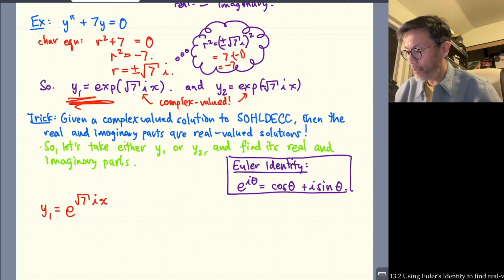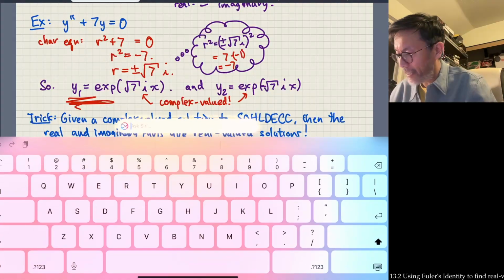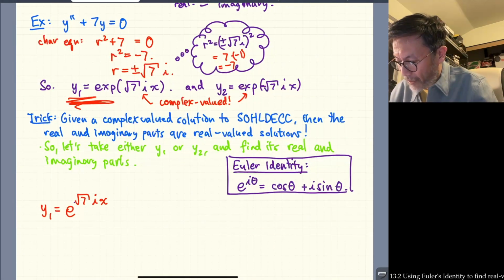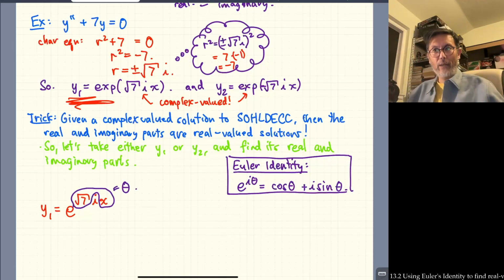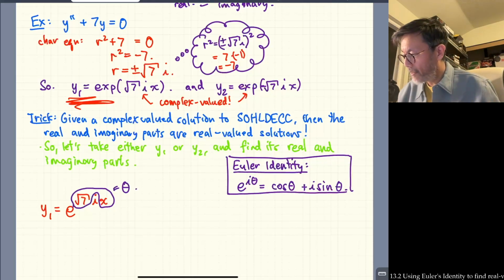But will you agree with me, if I take theta to be square root of 7 times x, this is my theta, that's a real number. What I can do is replace the theta in Euler's identity by square root of 7 times x. Put square root of 7 times x here, and therefore there, and therefore there.